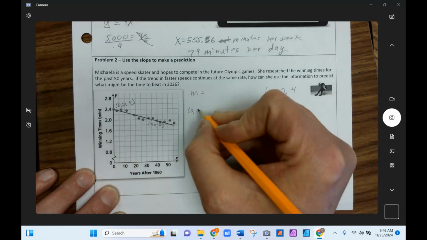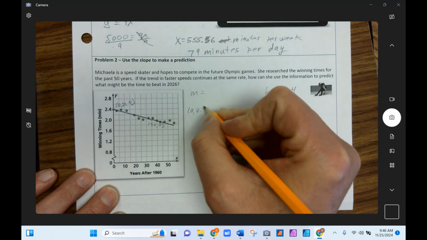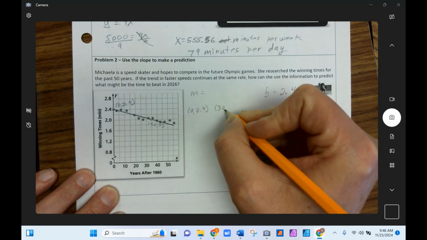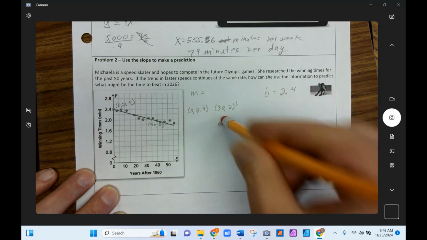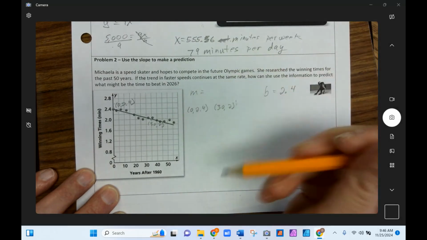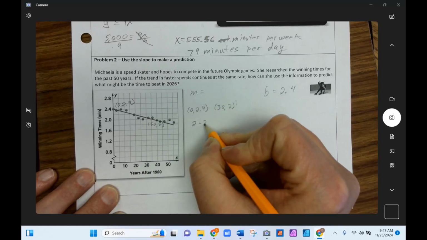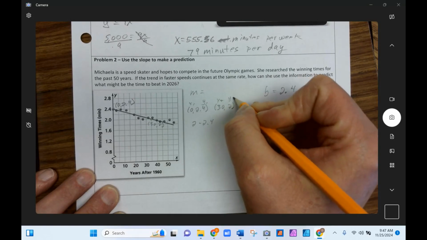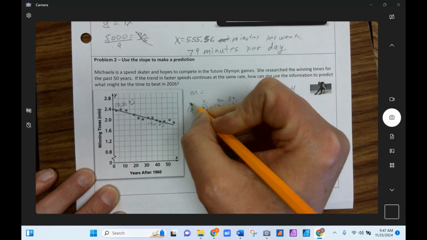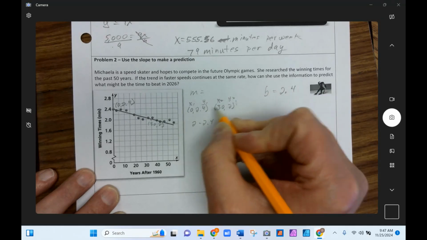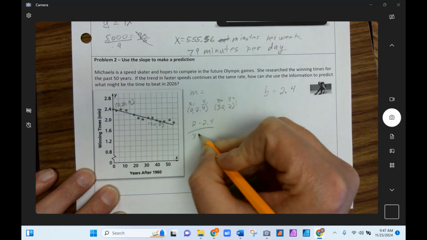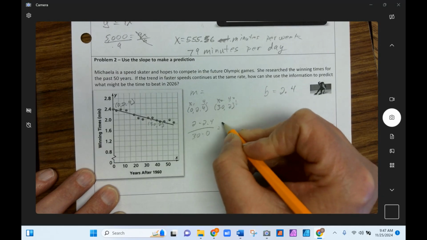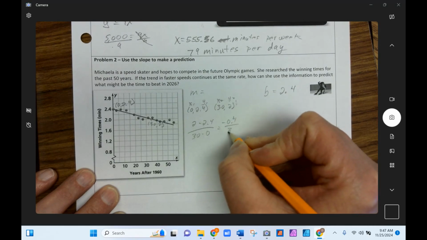Okay, so then 0, 2.4, and then 30, 2. So then we're going to say 2 minus 2.4, because that's our y2 and y1, x2, x1, okay? So 2 minus 2.4 on top, and then 30 minus 0 on the bottom. Okay, so that's negative 0.4 divided by 30.